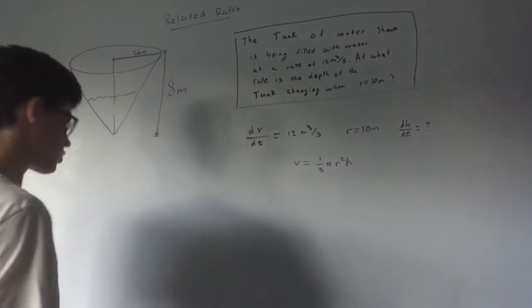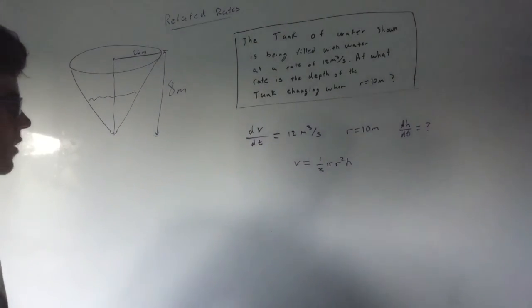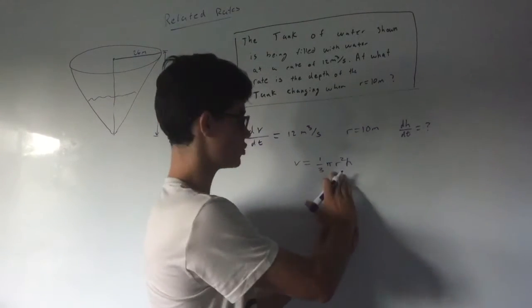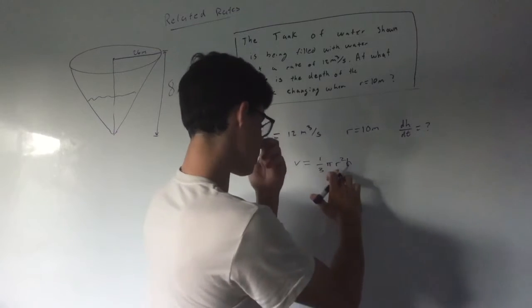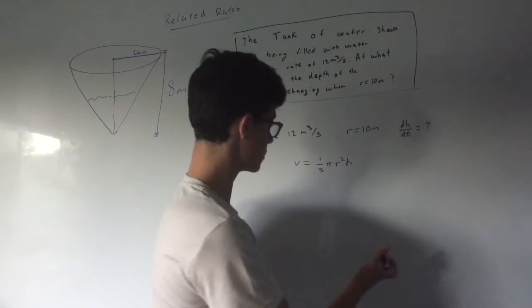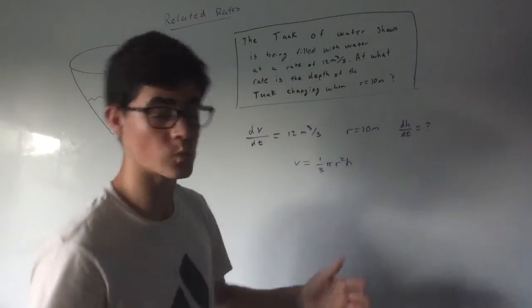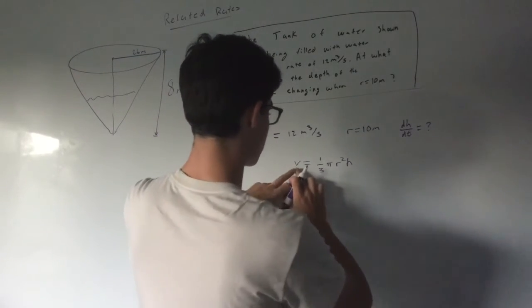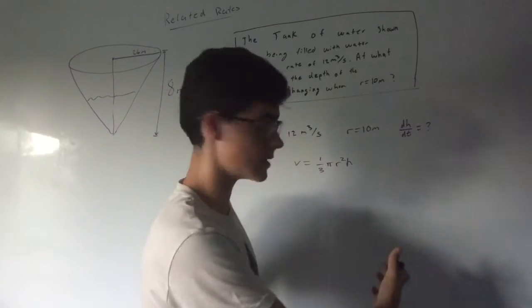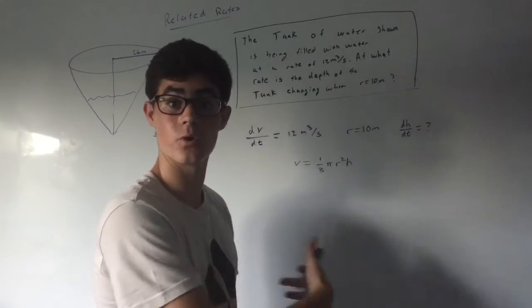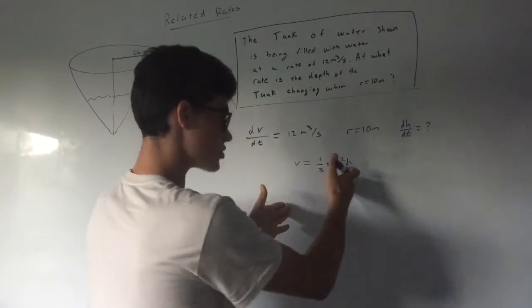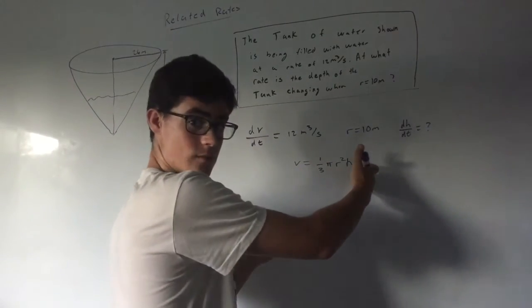Okay, so what can we do? Well, what if we only have one variable here, not two variables? Like, what if we found r in terms of h, or h in terms of r? This is when you start thinking, okay, we're looking for dh/dt. If this was just volume in terms of height, we can easily take the time derivative of both sides and see that we would have a dV/dt here, and eventually only a dh/dt here.